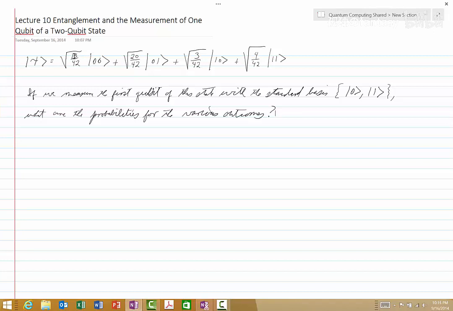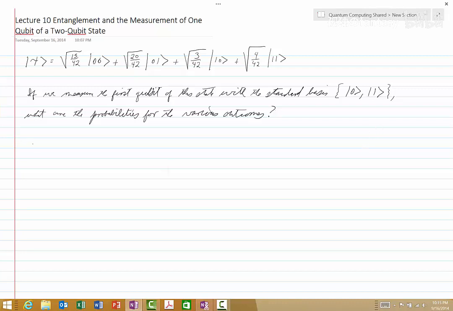Having checked and verified that this is correct, since we're measuring that first qubit in the standard basis, which consists of 0 and 1, we know that those are the two possible outcomes for the first qubit, 0 and 1.